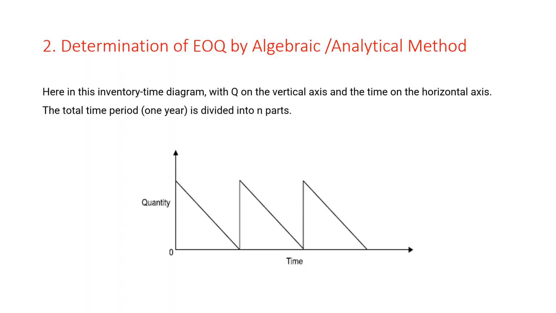So here this fundamental situation can be shown in the inventory time graph diagram, with Q, that is quantity, on the vertical axis and time on the horizontal axis. The total time period of 1 year is divided into n parts.